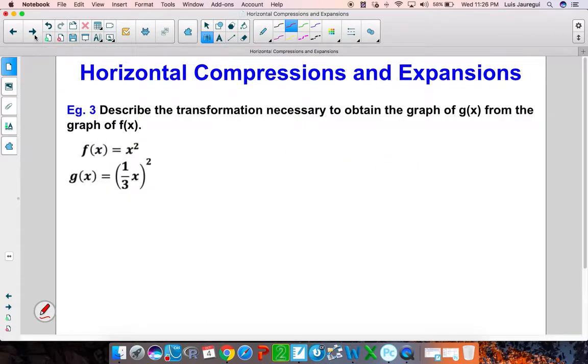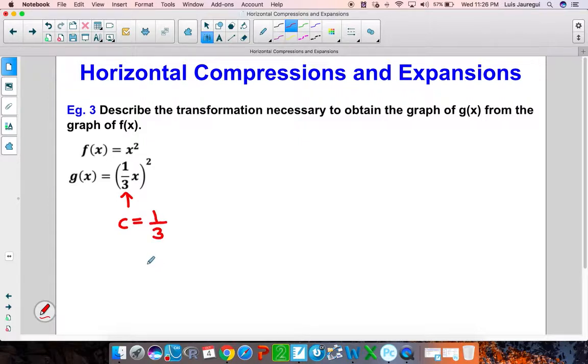Let's analyze the next one. Example 3, describe the transformation necessary to obtain the graph of g of x from the graph of f of x. We're given that f of x is equal to x squared, and g of x is equal to (1/3 x) quantity squared. Now notice that here we need to identify what c is. C is equal to 1/3, okay?